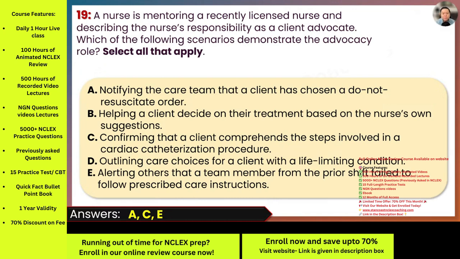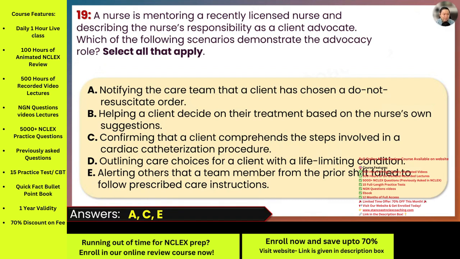You also have to watch for scope of practice issues. Again, nurses are supposed to support, educate, and report, but not diagnose or make treatment recommendations. If the option involves giving medical advice, it's likely outside your role.